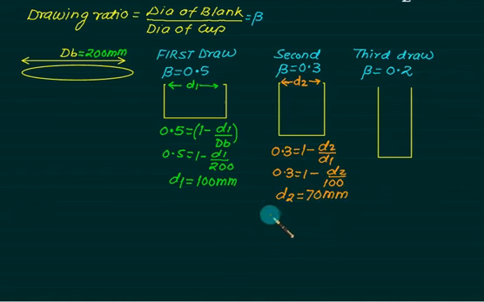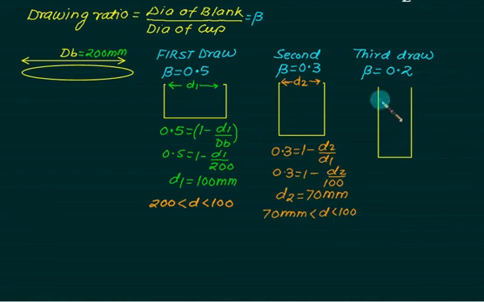Means anything you want from 70 mm to 100 mm, do you require 2 draws or 1 draw? Up to 70 to 100, how many draws will we need? 2 draws will be needed. From 200 to 100, how many draws do you require? 1 draw only. And from 70 to 100, you require 2 draws.